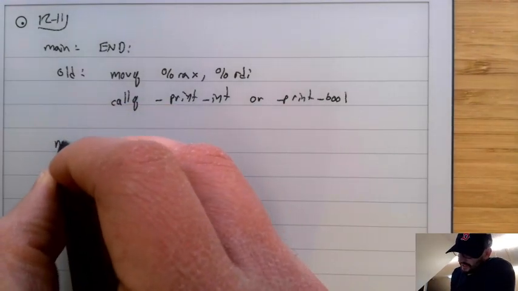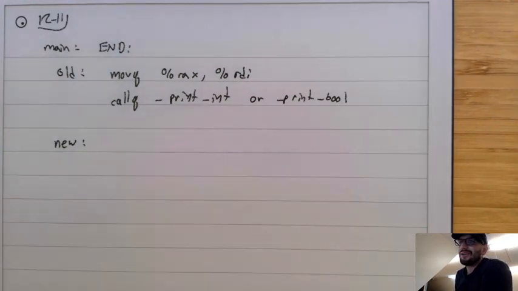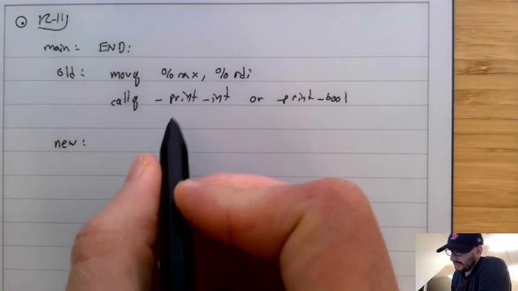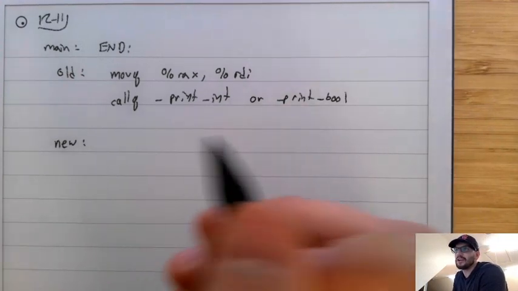What our new code is going to do is we now don't know what type it's supposed to be. It might be an int, it might be a bool, or it might be a complicated vector.